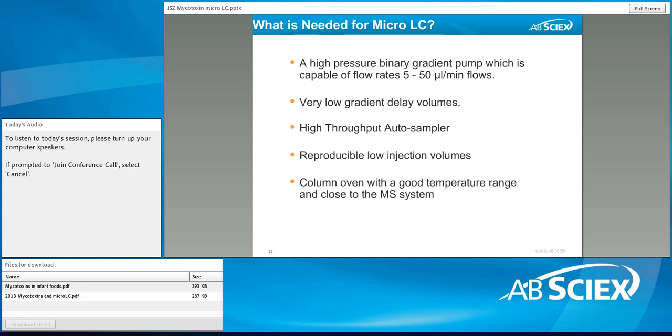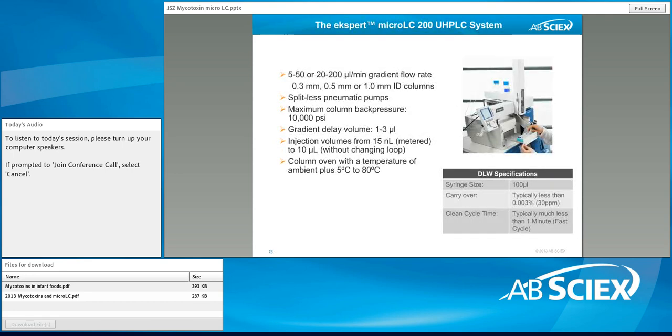We need to have a very low delay volume. Of course, we need to have a high throughput autosampler. And we need to have reproducible low injection volume, because in this case, we normally inject quite low injection volumes. What we used here is the Expert microLC 200 UPLC system.